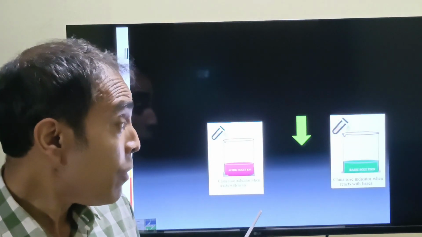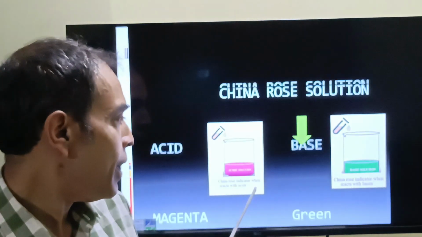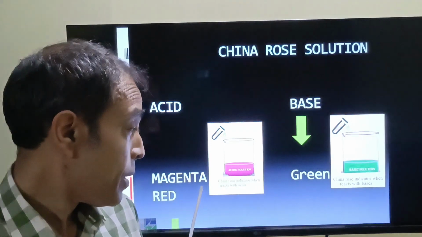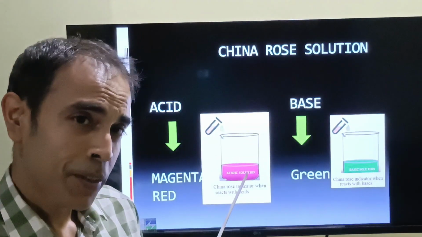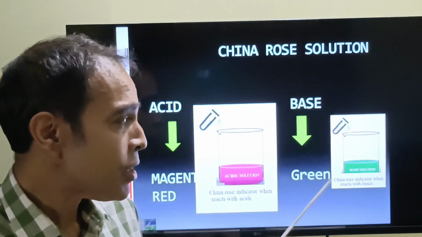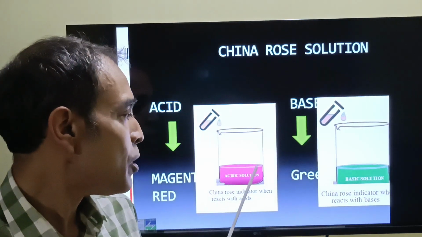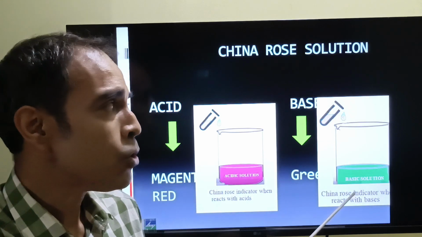Now when we put this warm pink China rose solution into an acidic solution, it turns magenta red, and in a basic solution it turns green. So in acid it turns magenta red, and in basic solutions it turns green.